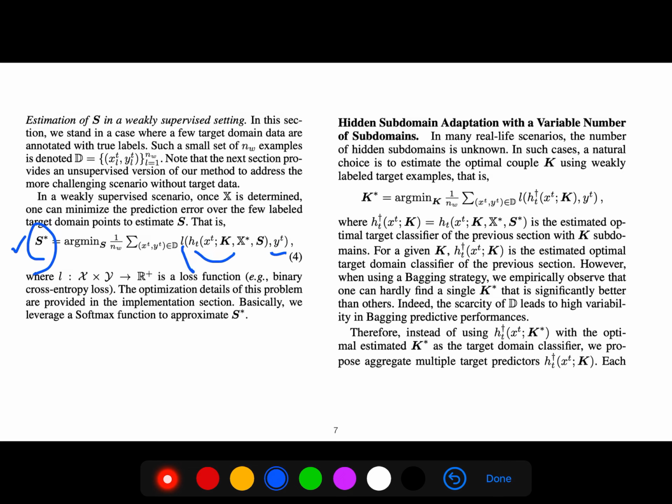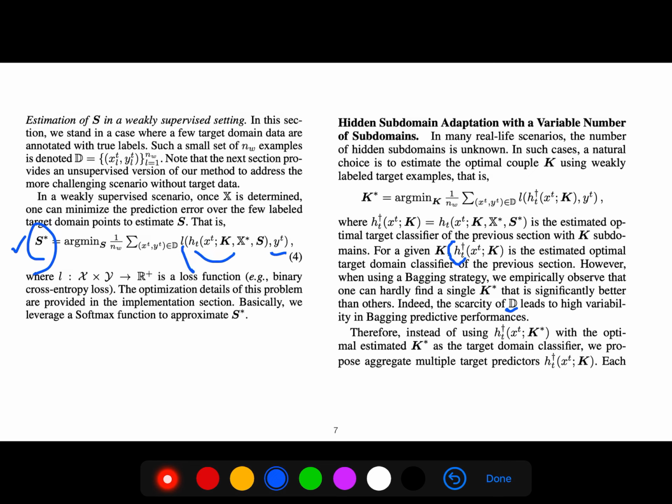So H, this one, is the estimated optimal target domain classifier of the previous section. However, when using a bagging strategy, we empirically observe that one can hardly find a single K star that is significantly better than others. Indeed, the scarcity of data leads to high variability in bagging predictive performances.